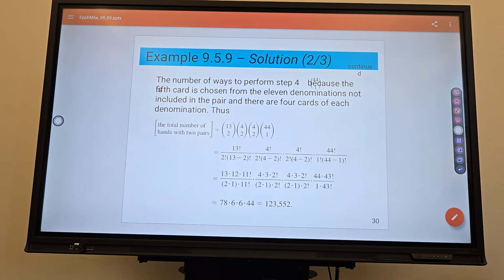Just a little statistic. I read somewhere a little comparison of odds. You are more likely to die in your next vehicle ride than to get a royal flush playing poker. It's insane that it would be that difficult to get a royal flush in poker. What is it? 10, Jack, Queen, King, Ace of the same suit.